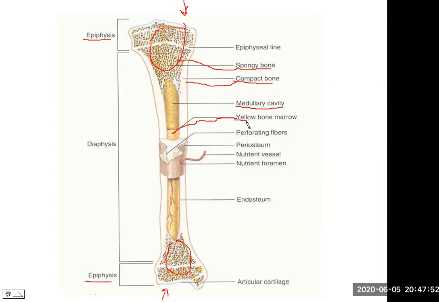So moving forward, we see that now surrounding the compact bone at the surface, there's this layer of tissue, this external area known as periosteum, and lining on the hollow surface of the marrow cavity and lining the trabeculae of spongy bone, the internal lining known as endosteum. And that's where we'll pick up now with these two.